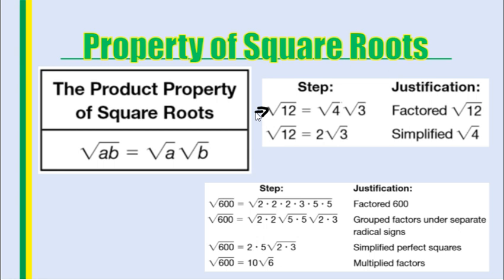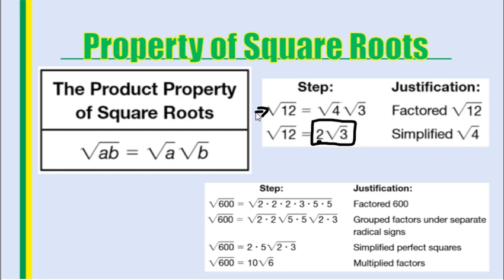The reason is that with perfect squares, the root is an integer, a whole number. So the square root of 4 is 2. Then all you have left is the square root of 3. I can't break down 3 anymore, so my answer would be 2 times the square root of 3.